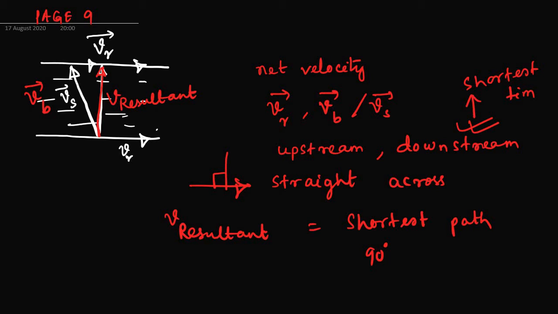Now if it is going upstream, then it is the longest time. You must remember, it is the longest time if the boat or swimmer is going upstream with respect to the velocity of the river. If it is straight across, then it is the shortest path.